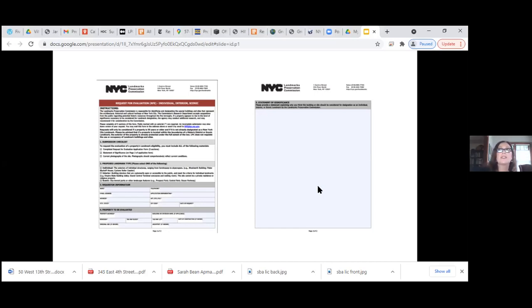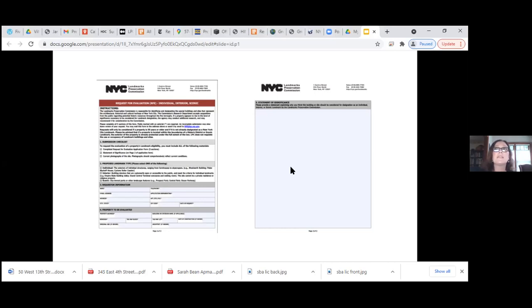Most likely your description of the significance will go well beyond this page right here. I've always actually submitted RFEs bypassing the form and just submitted as a letter to the LPC. I also recommend, as part of your narrative, a bibliography or a source list. And there are some other considerations as well that I'll go into as we get further into this presentation.